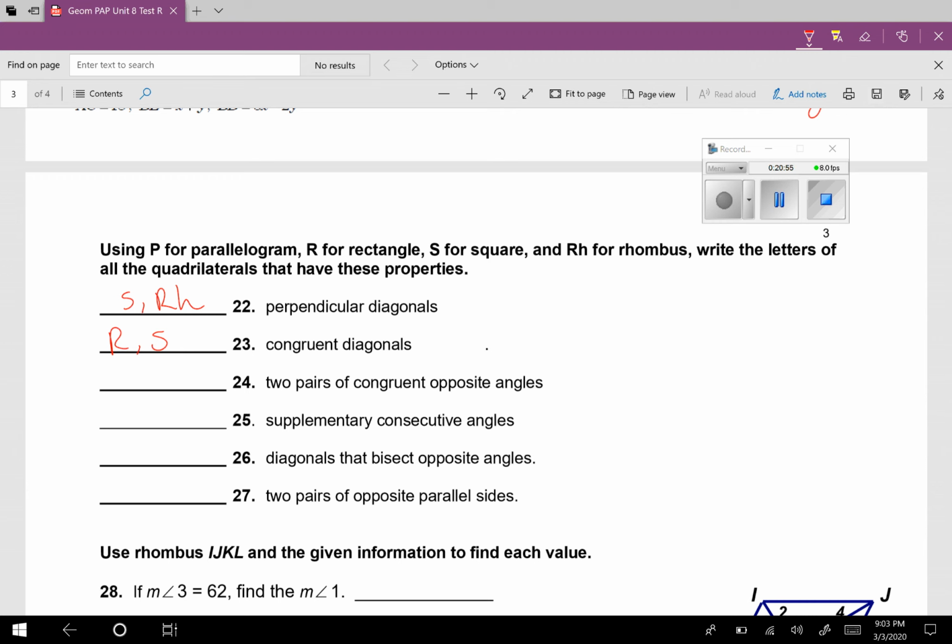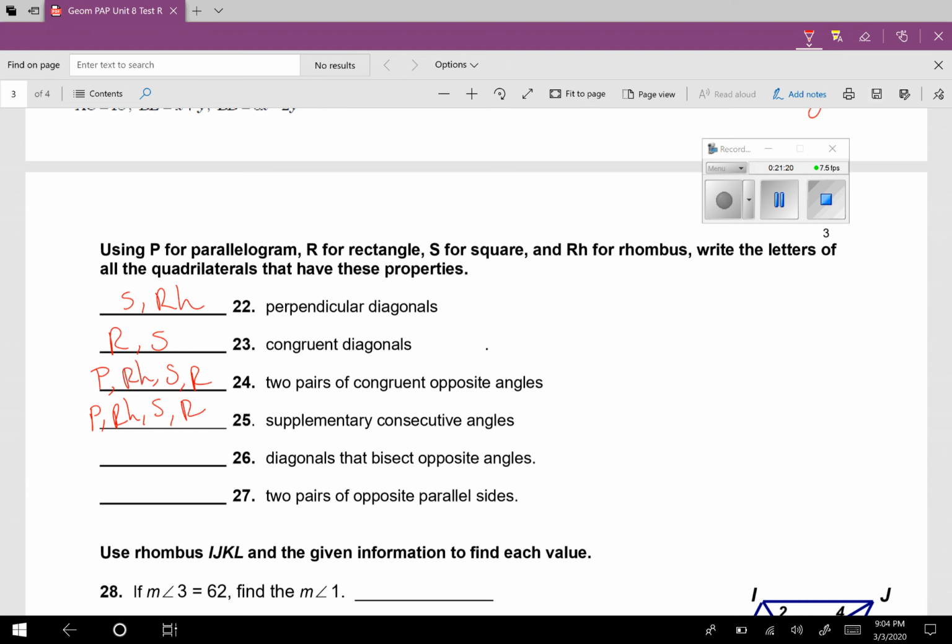Okay, so that's going to be all of your parallelograms. So that's true on a parallelogram, a rhombus, a square, and a rectangle. Supplementary consecutive angles. Again, all of these fall under parallelograms, so it applies to all of them.